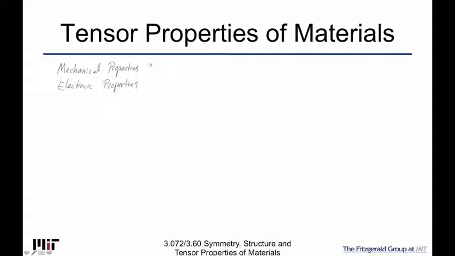So you can think of the mechanical properties. Of course, there's stress, strain, etc. Electronic properties, you have conductivity, piezoelectricity, etc. So these two general categories are really the dominant categories we typically look at.